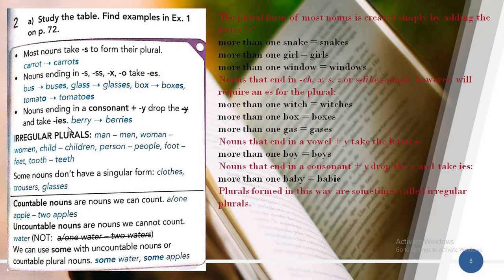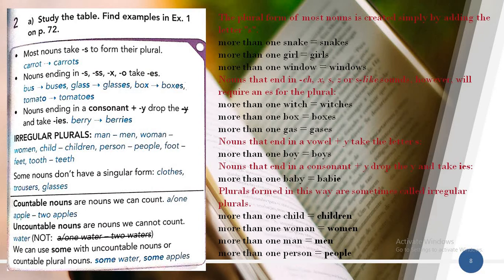Here you have berry, berries. Excellent. Plurals formed in this way are sometimes called irregular plurals. Like we have child, children, woman, women, man, men, person, people.